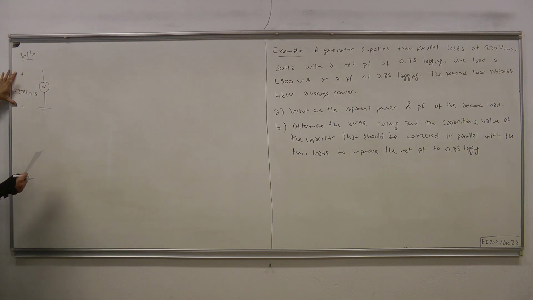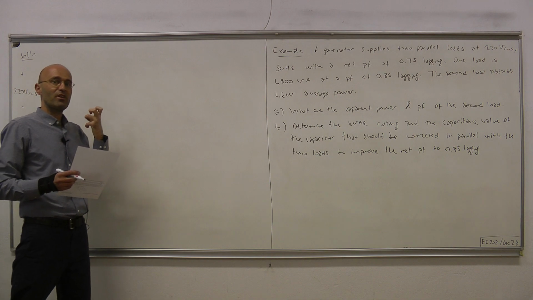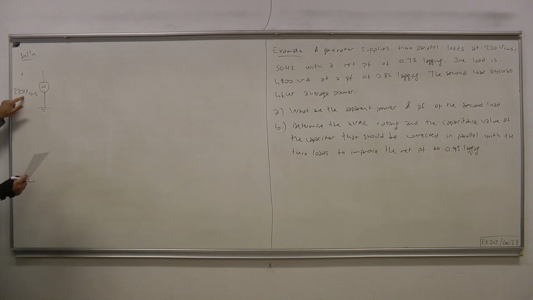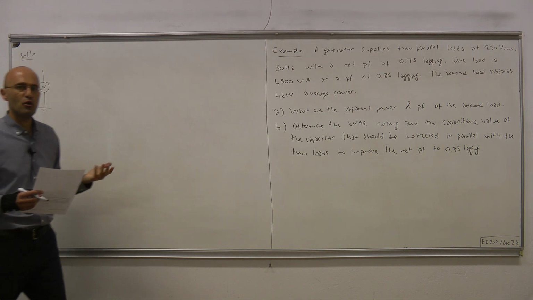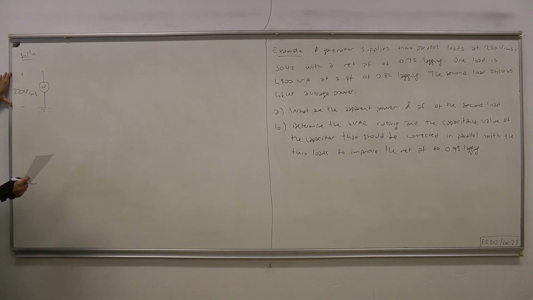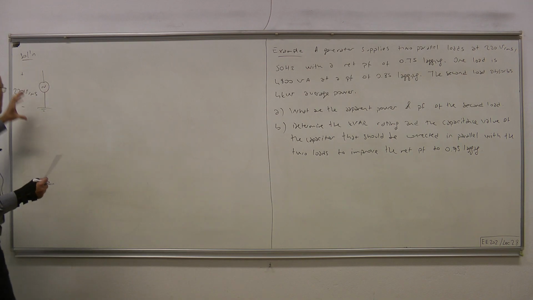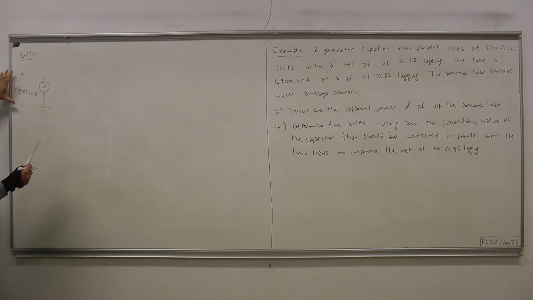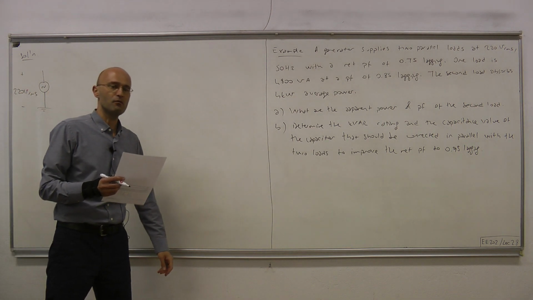So here we have a sinusoidal signal, and the amplitude of that voltage is this thing times square root of 2, or the RMS value of whatever that voltage is, 220 volts. Okay, so to communicate that information, people simply write things like that, plus minus the polarity, and in between they indicate the RMS value of the voltage.